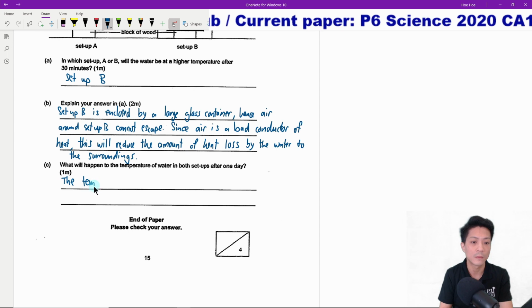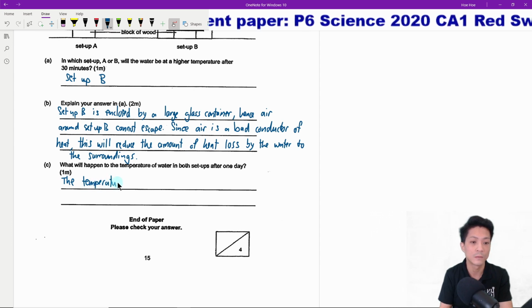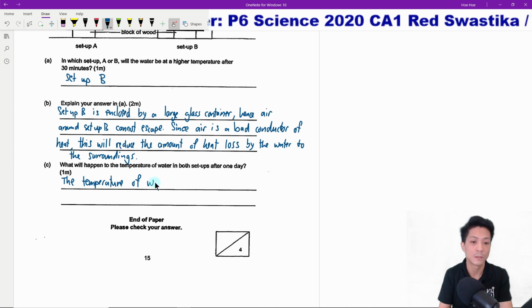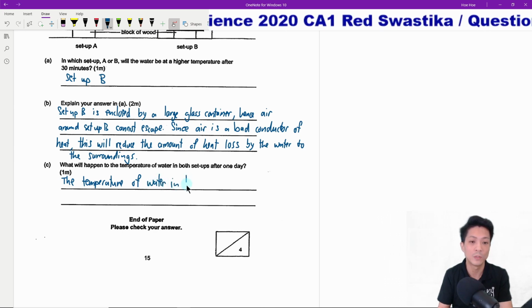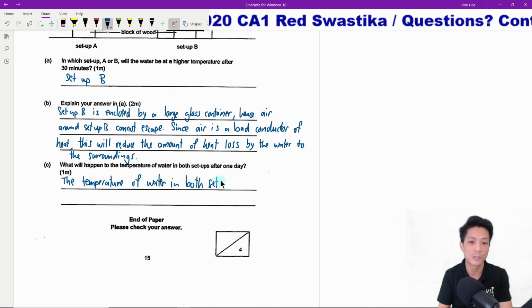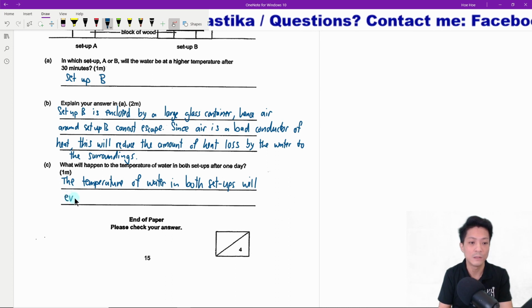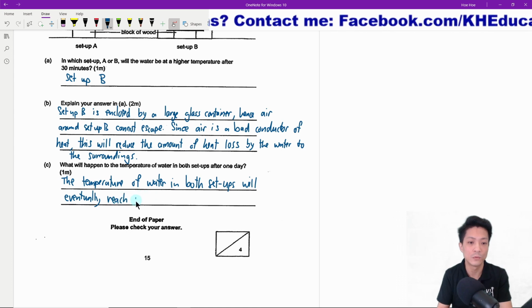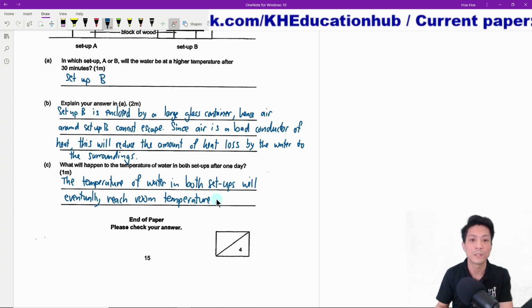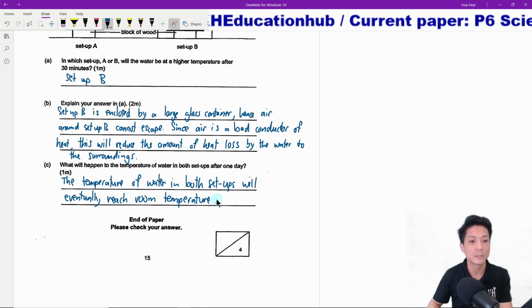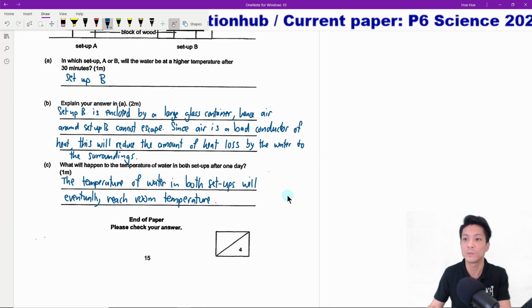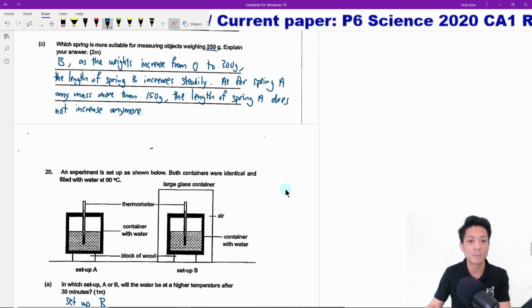Okay, the temperature of water in both setups will eventually reach room temperature. Okay, there's no need to explain this question.